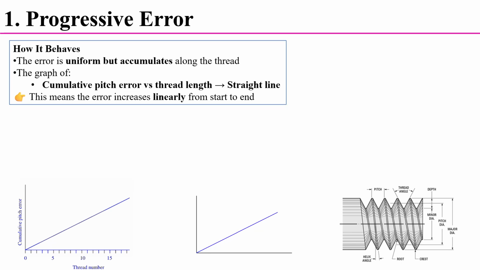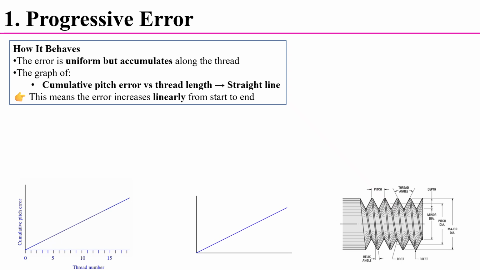Next we have to see how the progressive error behaves. This progressive error is uniform but accumulates along the thread. The representation of this progressive error on a graph is cumulative pitch error versus thread length.